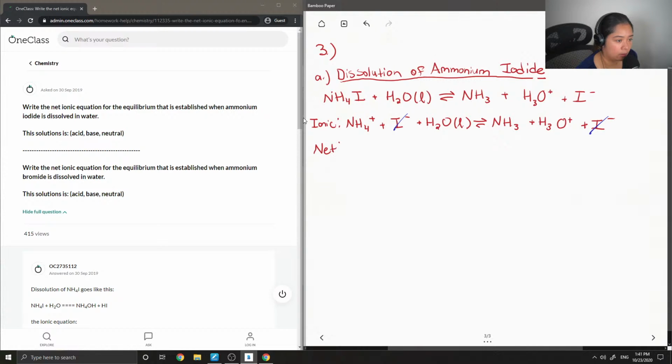And then I'm going to write my net equation, which is that. Because we have H3O+, this indicates that our solution will be more acidic.